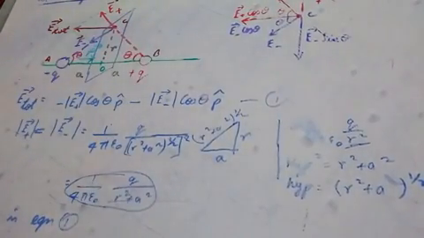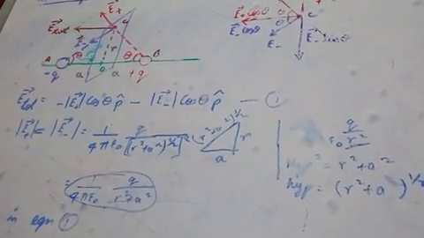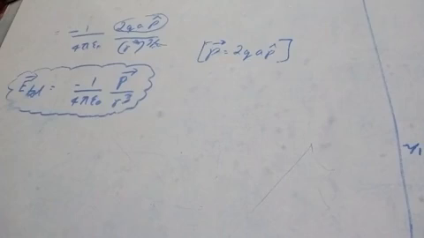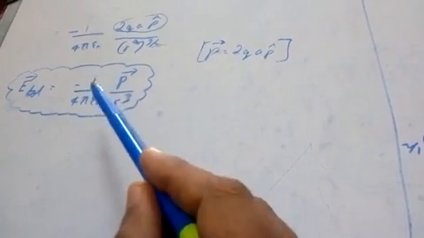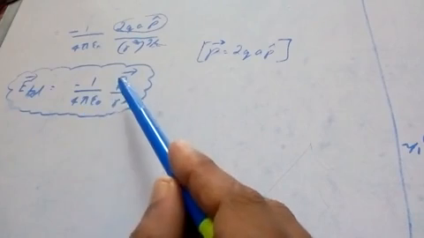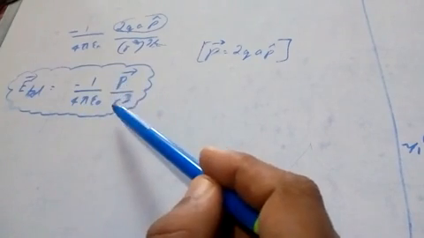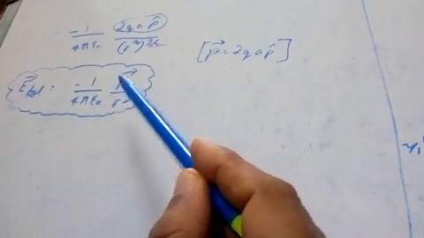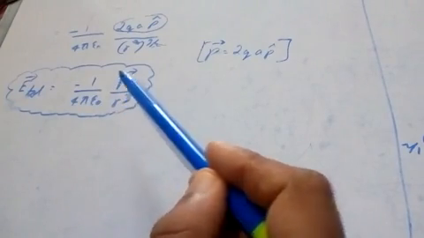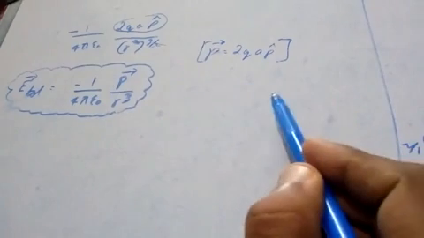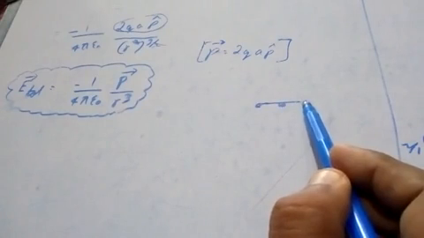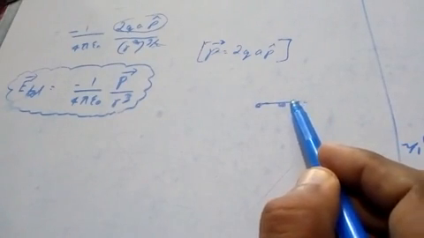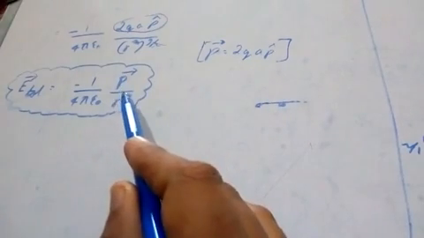Okay, let's see some important notes about this. The first thing to notice is that for the equatorial plane it is 1 by 4 pi epsilon into p vector by r cube, but for the axial plane it will become 2p. So the electric field on the axial plane, with the two charges and a point here, will be 2 times greater than that of the equatorial plane.